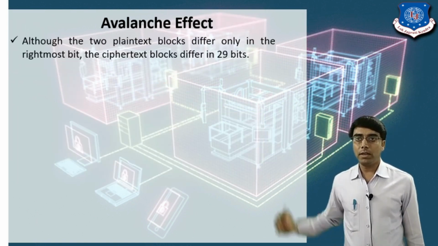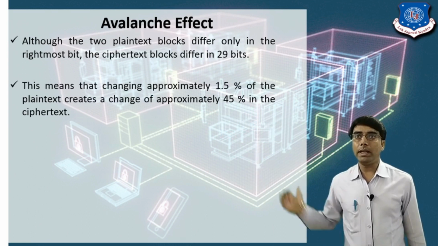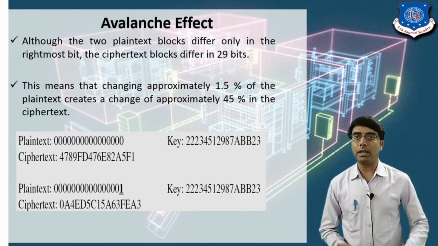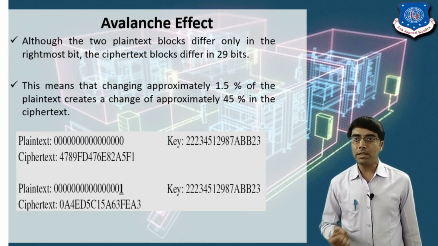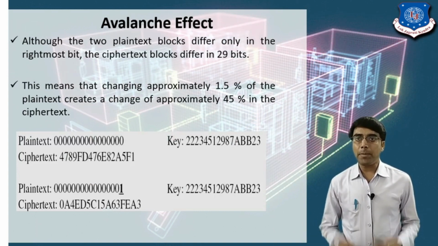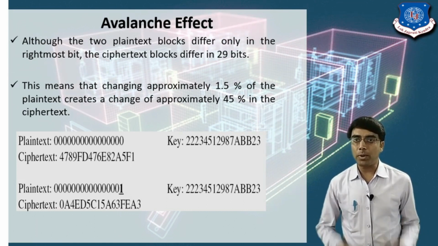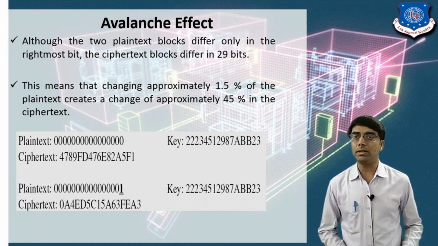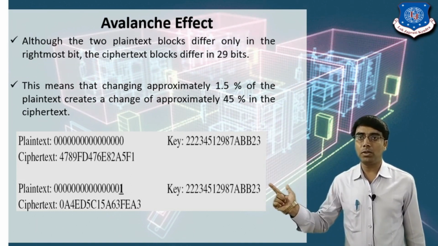So now the two plaintext blocks differ only in the rightmost bit, yet the ciphertext blocks differ in 29 bits. It means that changing approximately 1.5% of the plaintext created a change of approximately 45% in the ciphertext.